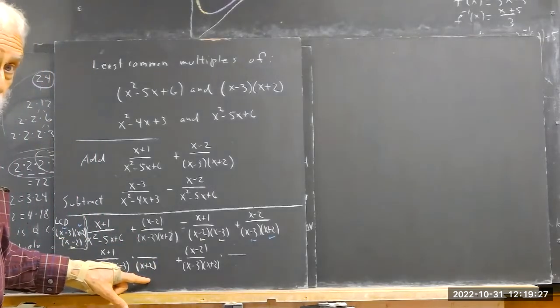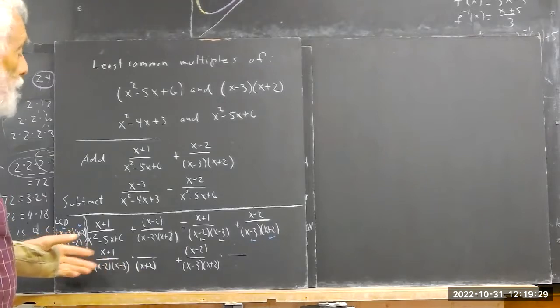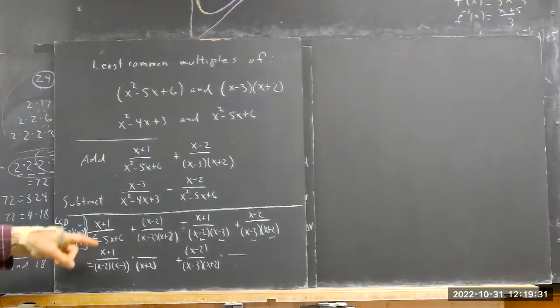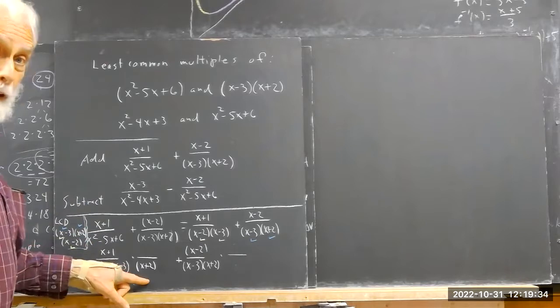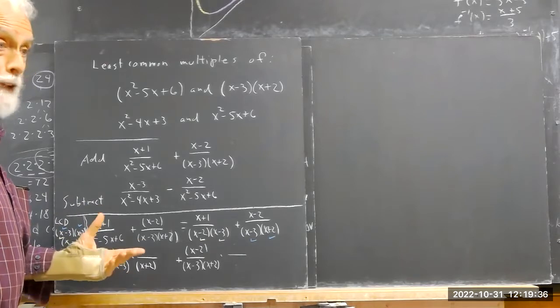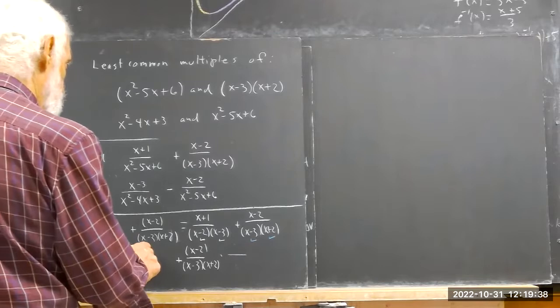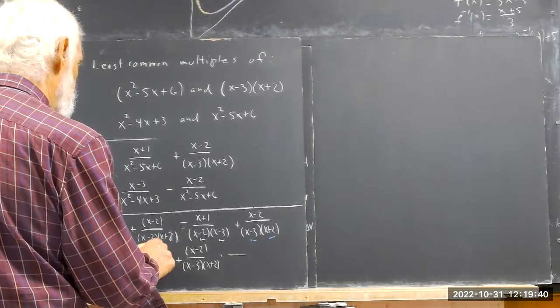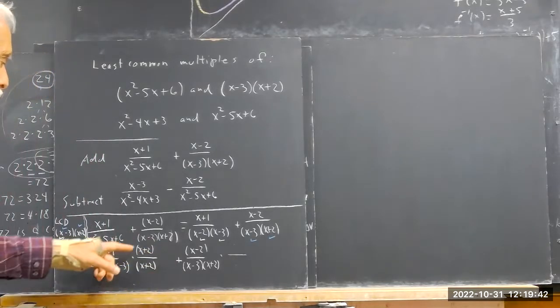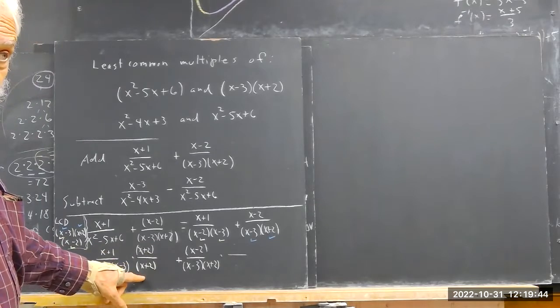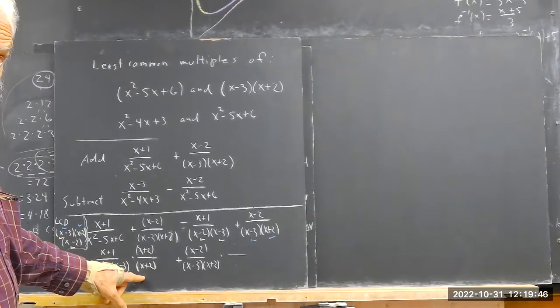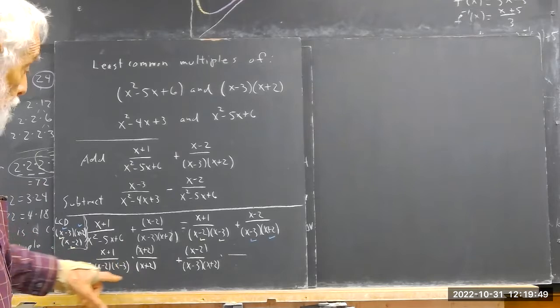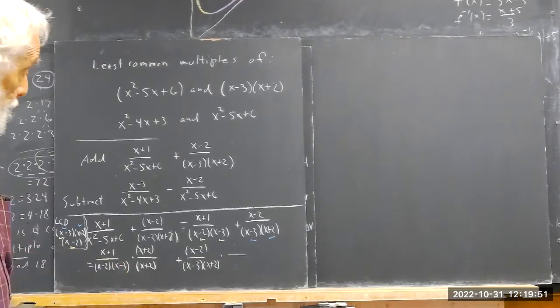We can't just put it there, because if we multiply this out, we have the same fraction we got up here, but with a different denominator, right? It's not the same anymore. But if we put an x plus 2 here, then we're really just multiplying by 1. And we haven't changed the value of the fraction.